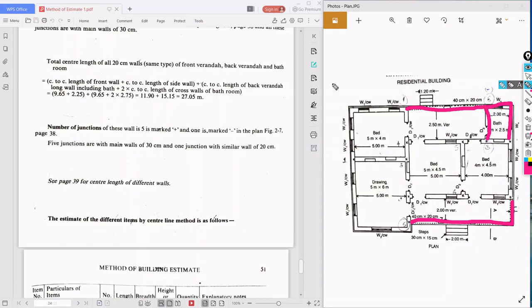Okay, see here, they have taken the center to center length of the front wall, we know that is 9.65, plus the center to center length of the side wall. This center line length we have already calculated.